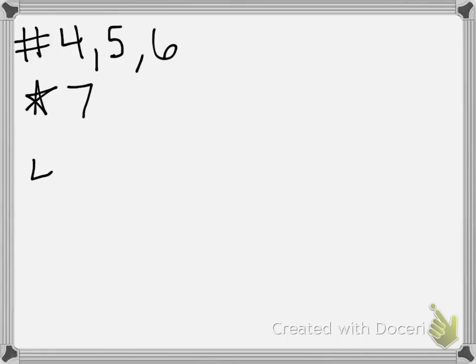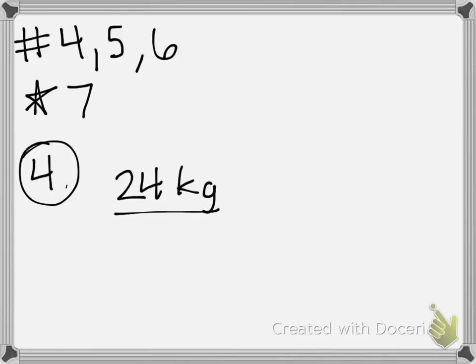Alright, so on number 4, let's do that one first. It was 24 kilograms per 1 minute. This rate could represent anything, but what we want to do is multiply it by 15 minutes.